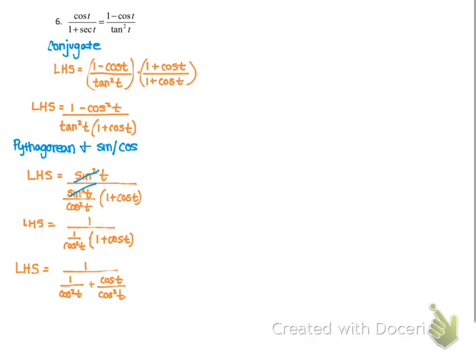So what we can do now is simplify the cosines. So this is going to go away, and we're just going to have 1 on the denominator. So my left-hand side is equal to 1 over... Okay, so we're also going to do reciprocals here.